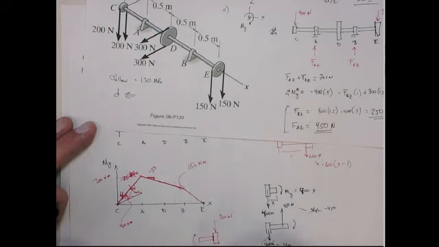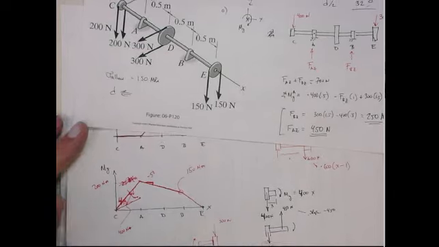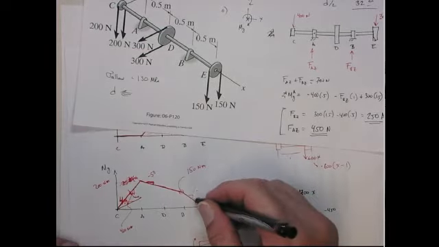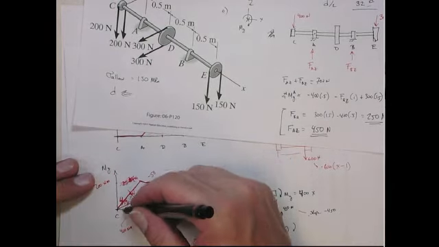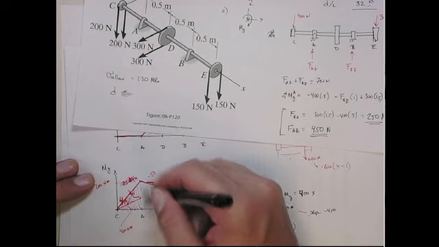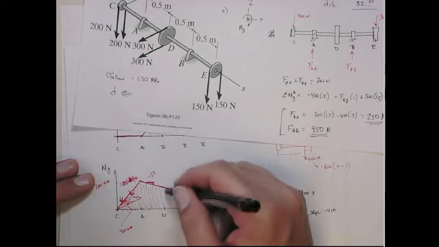So this moment is going to be minus 300 N, and this distance is going to be the total length minus X, so that's X minus 2 meters, right? That's that distance. And so it gives me this one here that has a slope of 300, again over the half that brings you down to the bottom. So this is the total moment diagram.